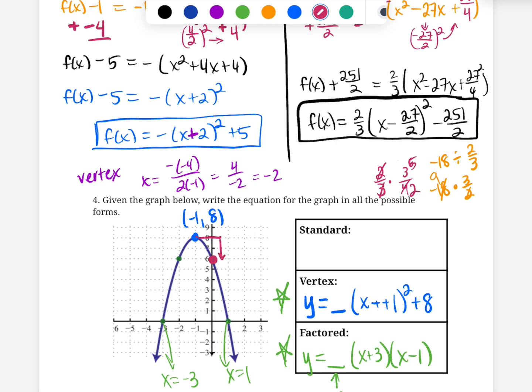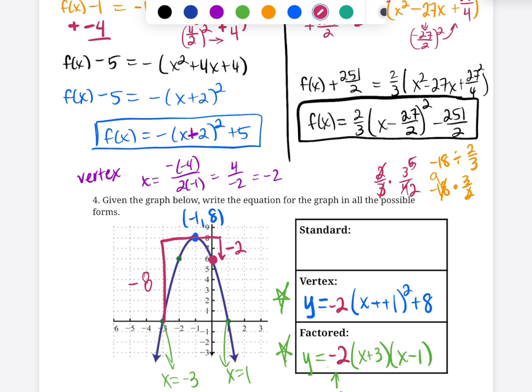That next point is down 2 units. And where's the point after that? It is down 8 units. Normally, it would be down 1 and down 4. Those are both double. So my guess is that our a value is negative 2.